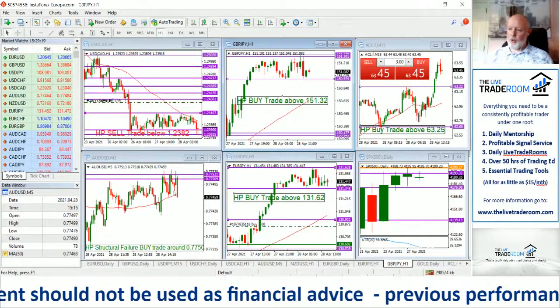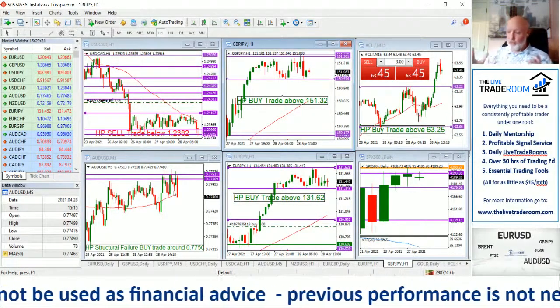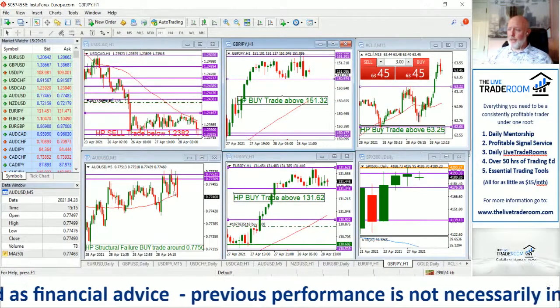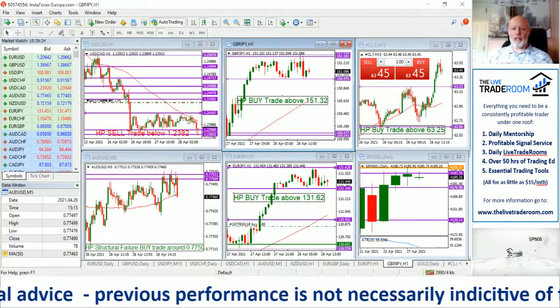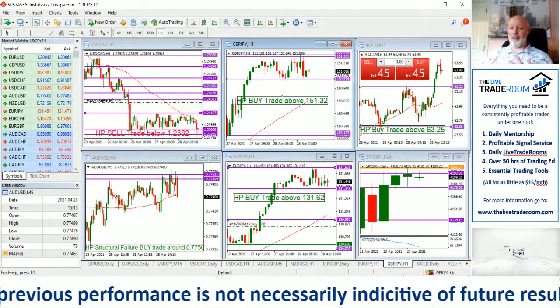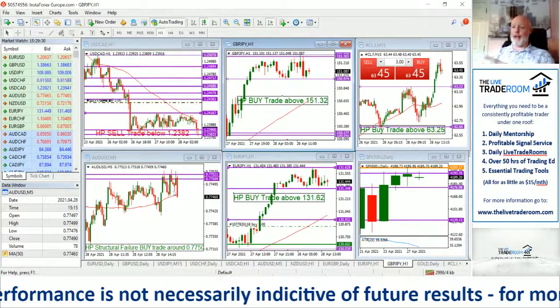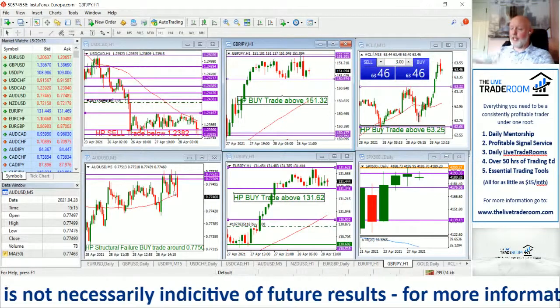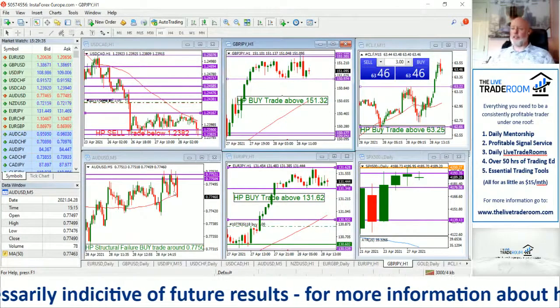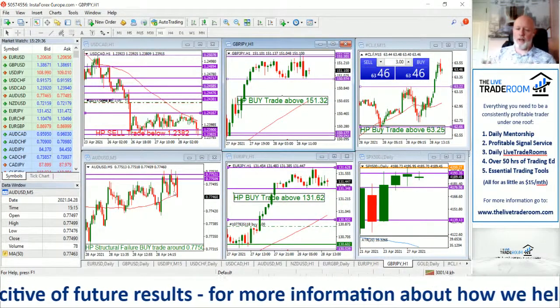Because when we trade, we always talk about the markets needing to perform as per our expectations and not the other way around. So we're not saying, oh, here's a market that's moving, let's jump on that, let's get into that buy or sell trade. That's not really how profitable traders trade.